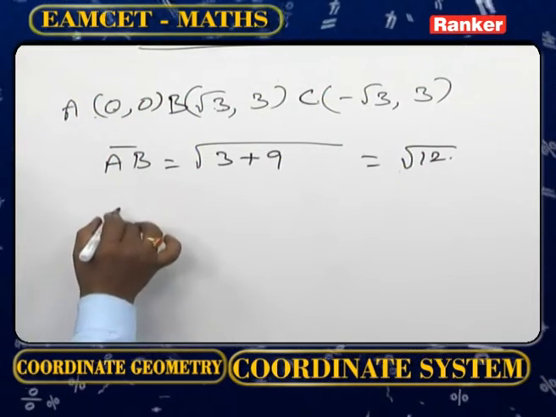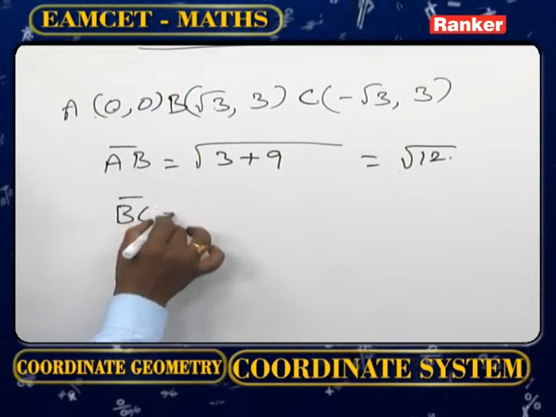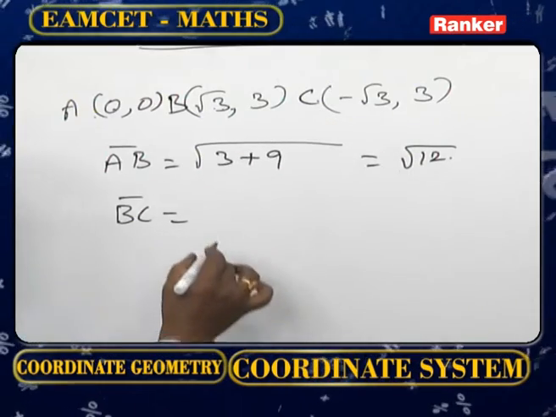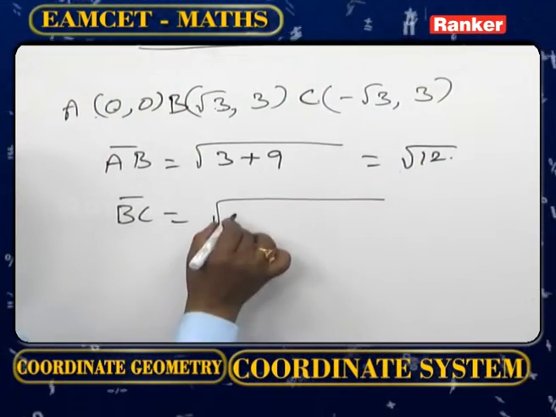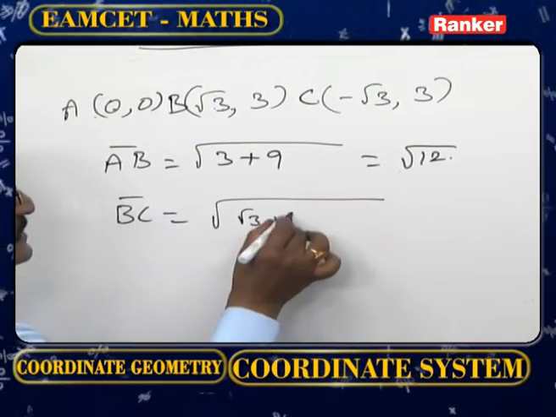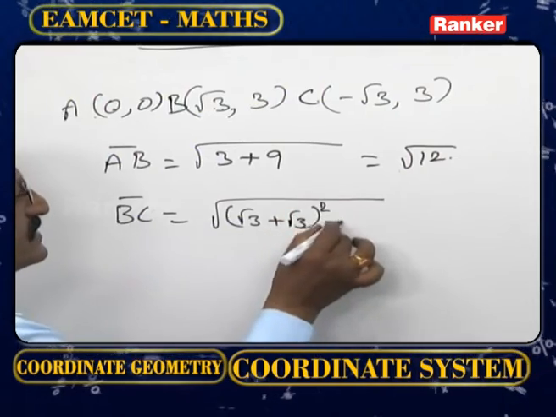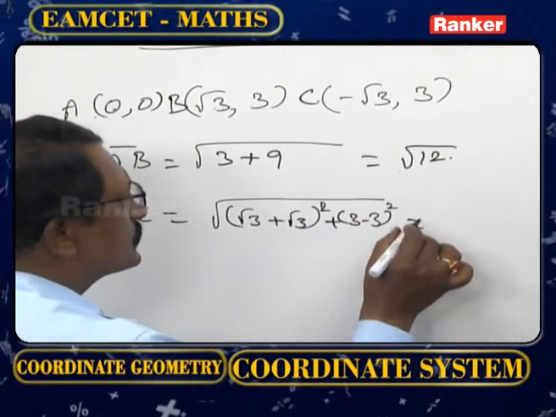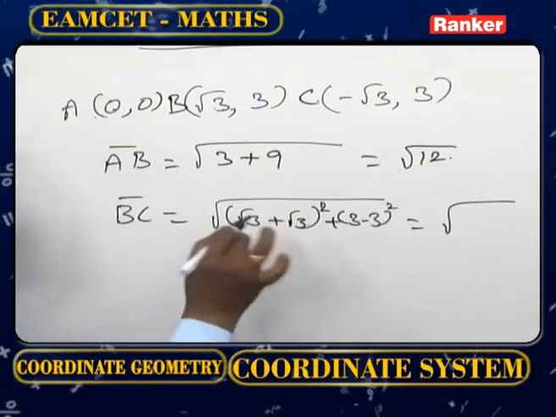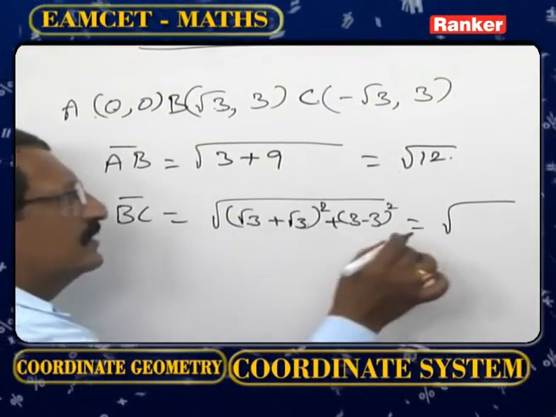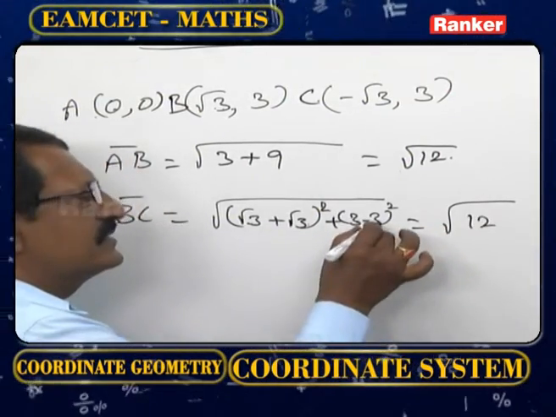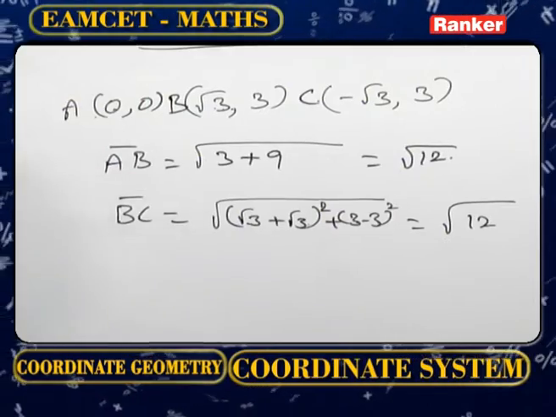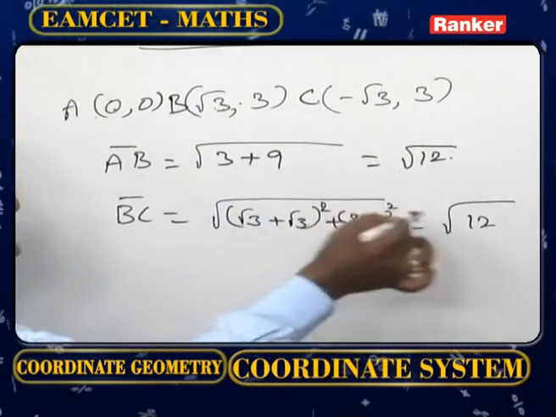Next, BC equals the distance between B and C, which is the square root of (root 3 plus root 3) whole square plus (3 minus 3) whole square, that is root 12. So the length of the side BC is also root 12.